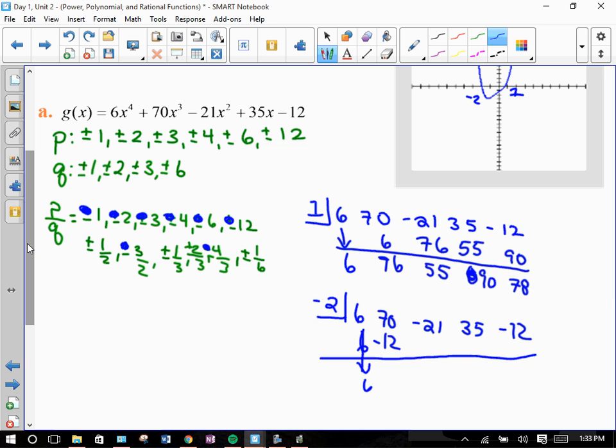So we're gonna have 70 plus -12 is what? All right, good. -2 times 58 is going to be some kind of negative number. -1.